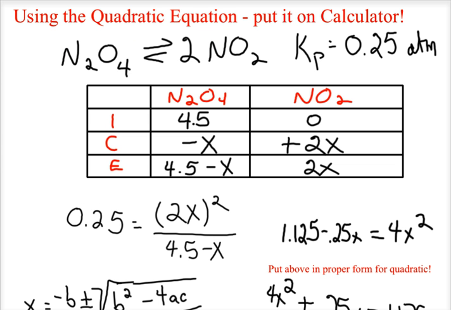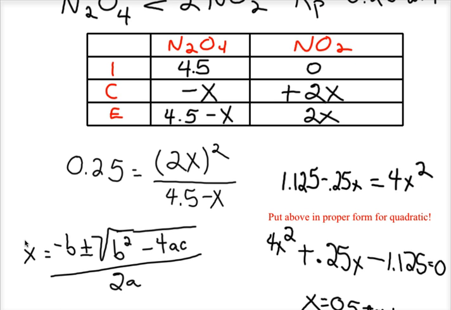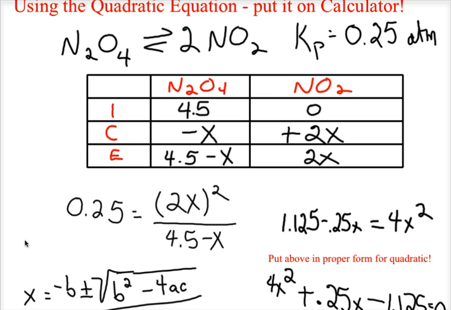Sometimes the mathematics of an equilibrium problem are a little bit more complicated and require the use of a quadratic equation. If you don't have that set up on your calculator, you should do so at this time. Take a minute to review the setup of this, making sure that you understand the process.